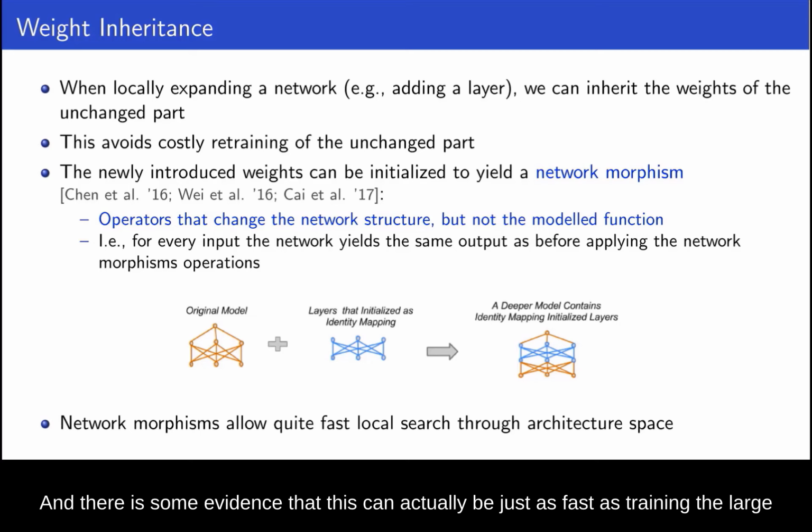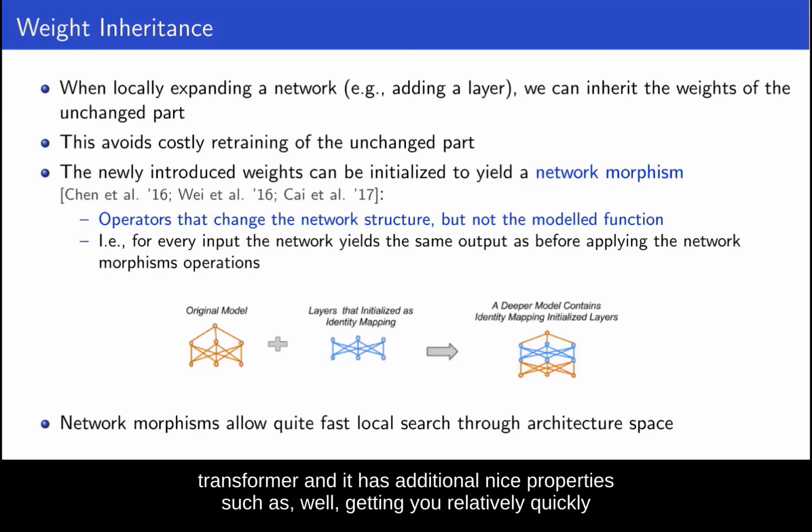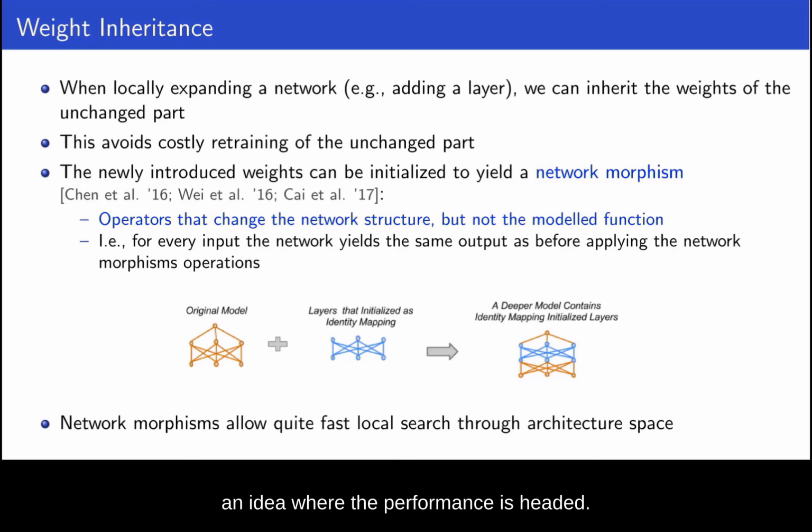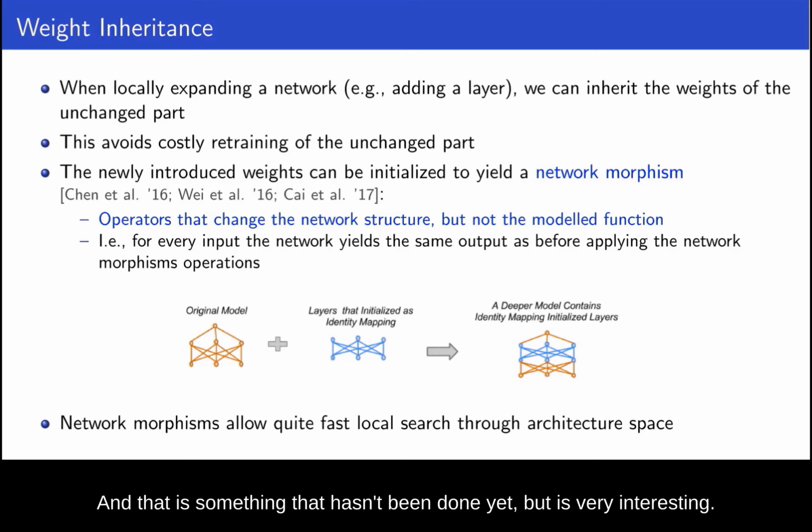And there is some evidence that this can actually be just as fast as training the large transformer. And it has additional nice properties, such as getting you relatively quickly an idea where the performance is headed, and then you can also do multi-fidelity optimization in this space. And that is something that hasn't been done yet, but is very interesting.